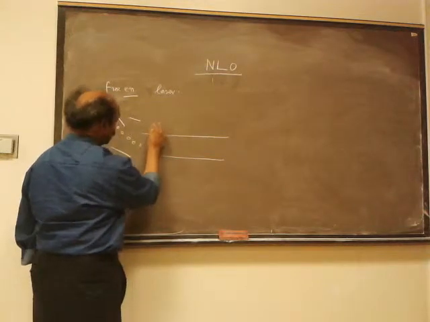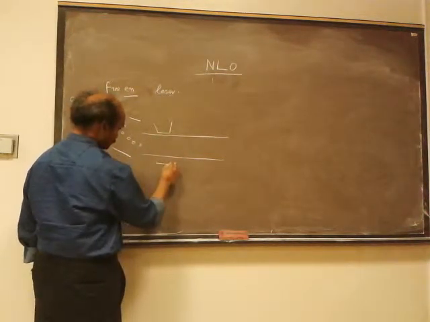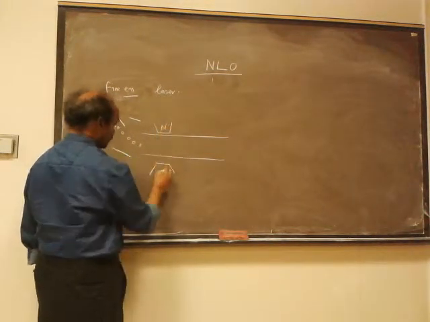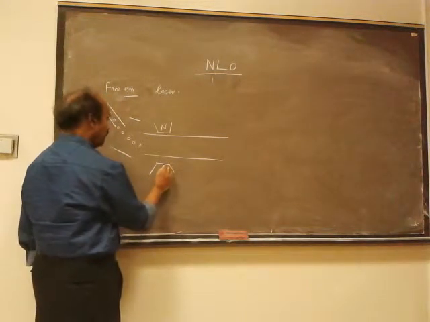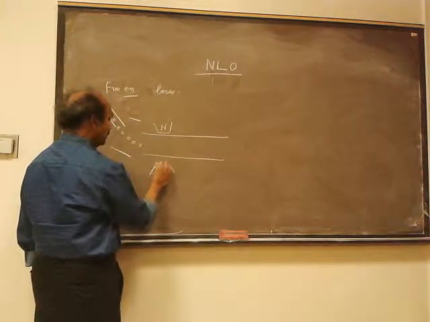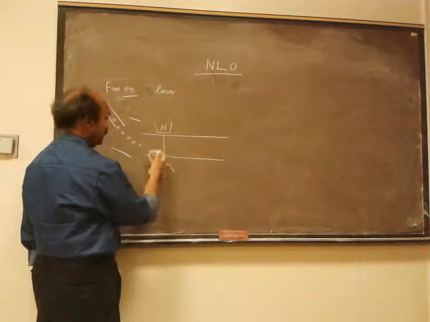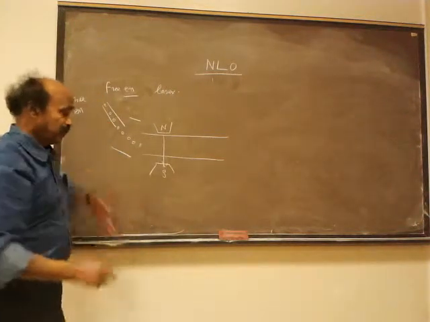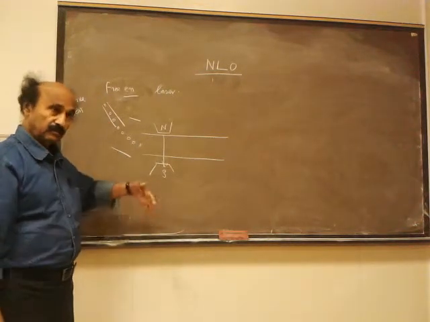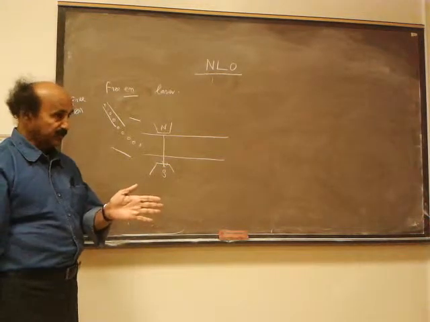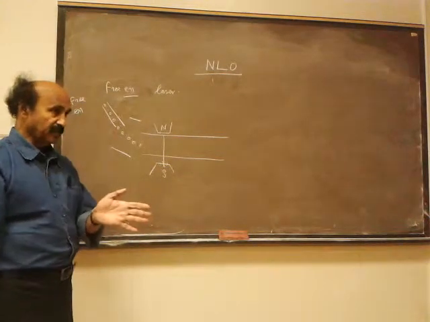Then you apply a magnetic field, north, south. If I apply the magnetic field in this direction, the electron will be pushed like this. This is due to Lorentz force. It will be pushed like this one.